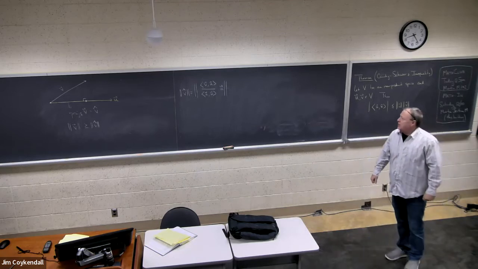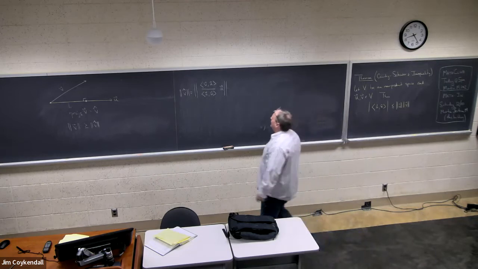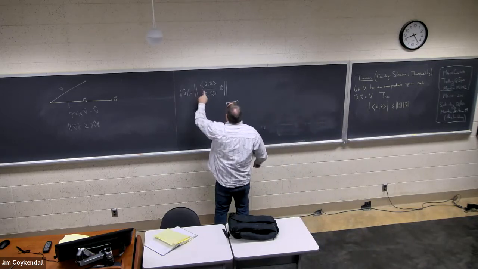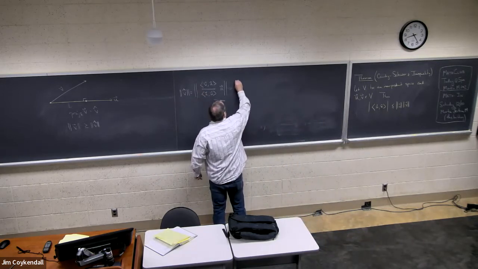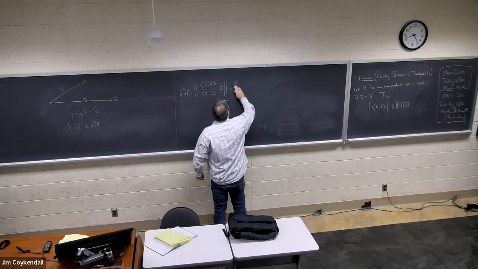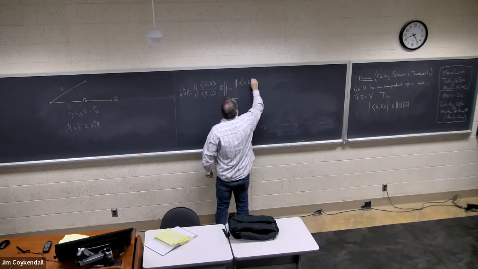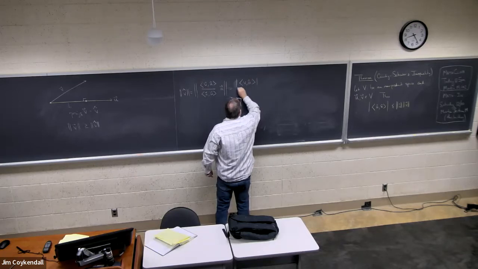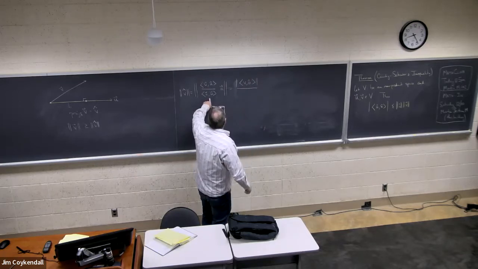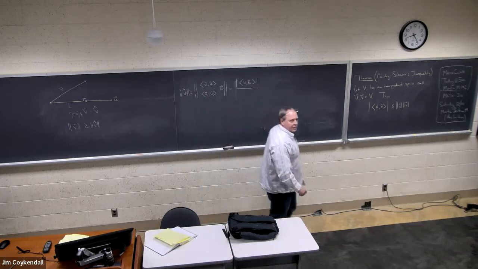That's exactly what the projection of V on U is. And so this thing right here is just a number. So this is the absolute value of it. What is this number? What is U?